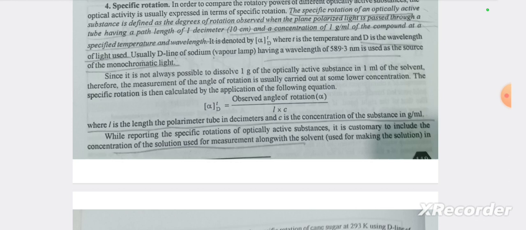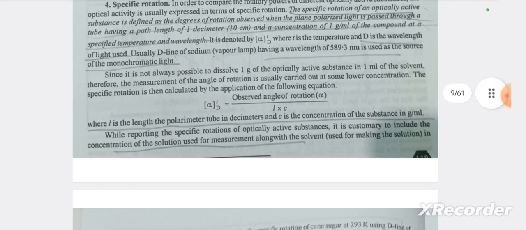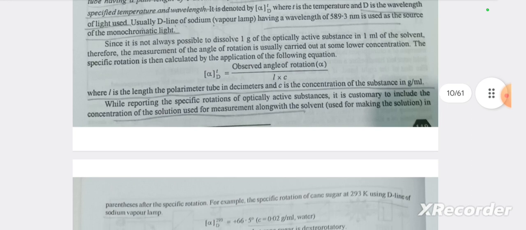It is denoted by alpha with subscript D and superscript T, where T is the temperature and D is the wavelength of light used. Usually the D line of a sodium vapor lamp, which has a wavelength of 589.3 nanometer, is used as the source of monochromatic light. Since it is not always possible to dissolve 1 gram of optically active substance in 1 ml of solvent, the measurement of the angle of rotation is usually carried out at some lower concentration.